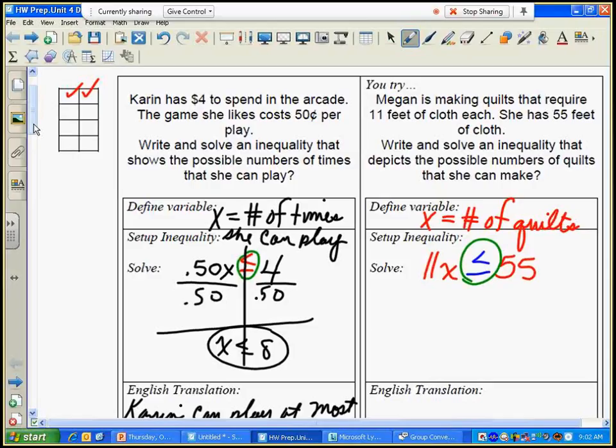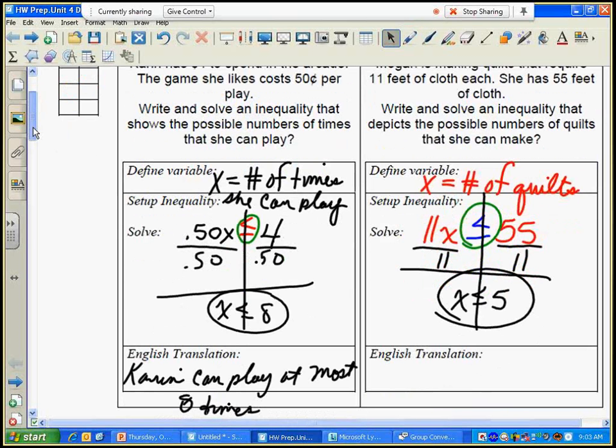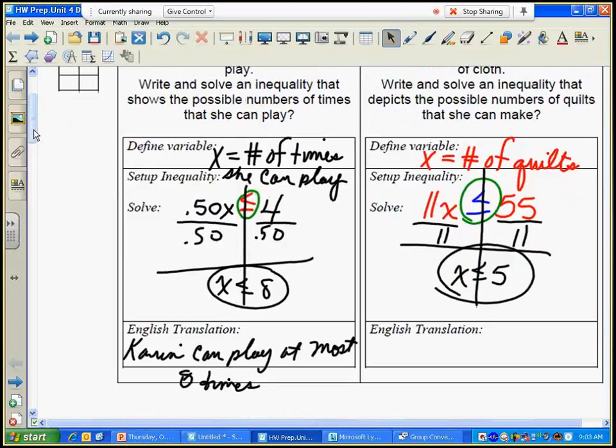It's going to be less than or equal to. Let's begin to solve. So you divide by your 11. She could have less than or equal to 5. So for your English translation, you should write something like, Megan can make at most 5 quilts.